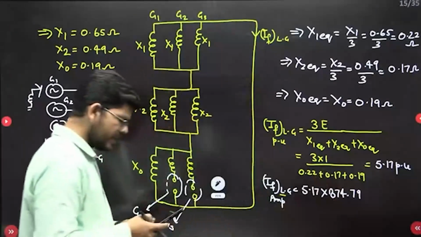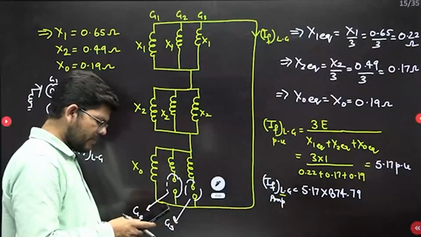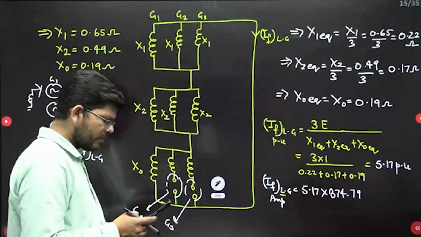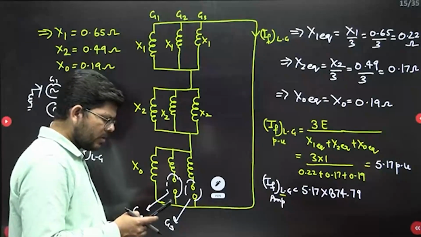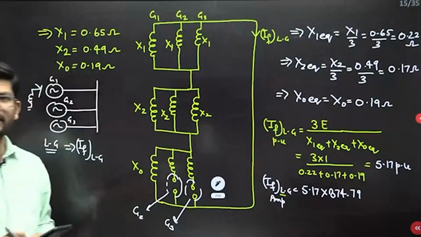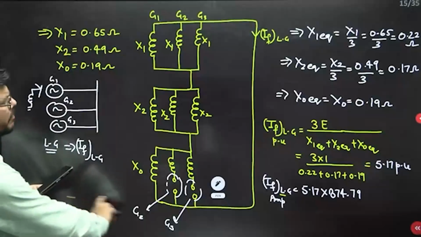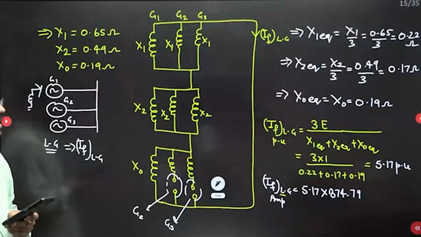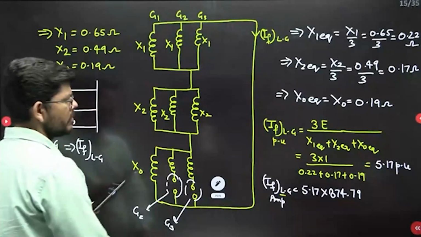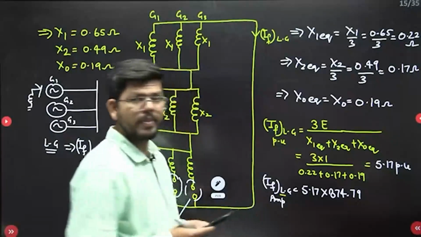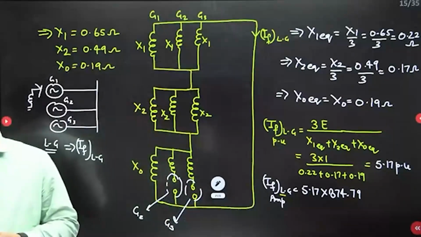So multiply this with 874.79, and what we will be getting? 4524.77. Is that correct? Option B is not matching, we are getting a different answer. Just cross check, guys, whether it is correct.